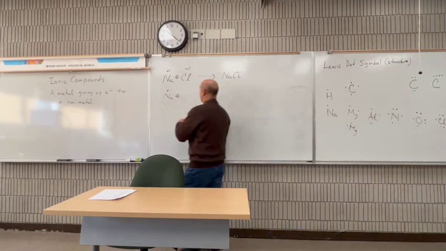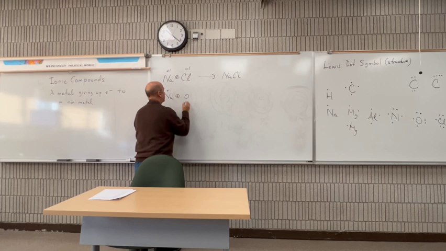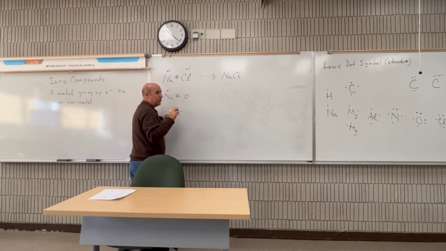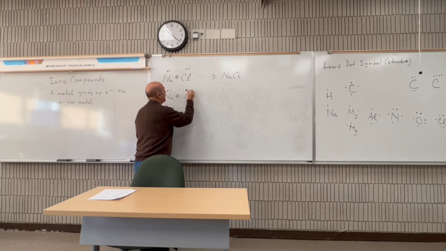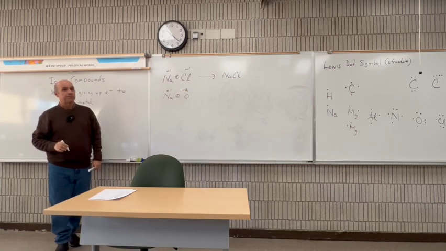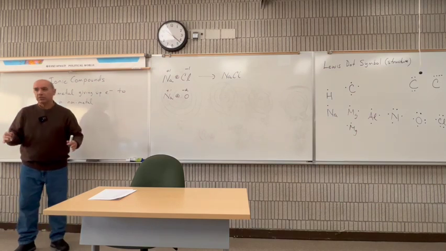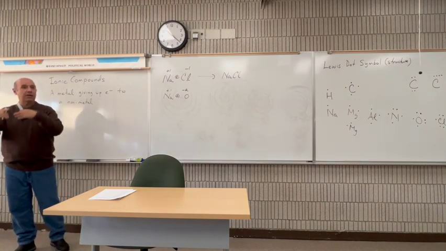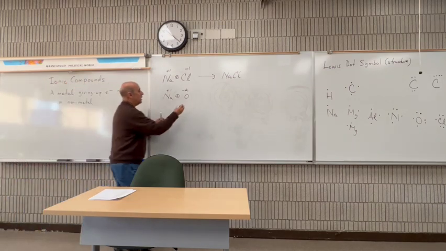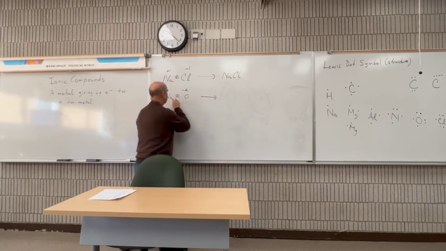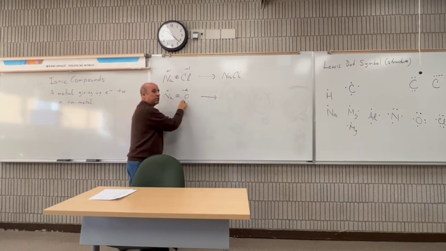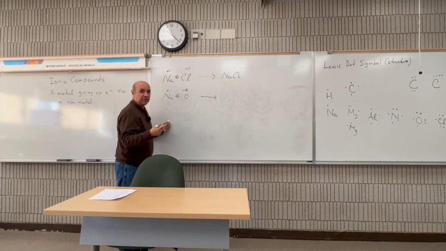So if I add oxygen, and that oxygen happens to have gained 2 electrons, that is going to have a charge of 2 minus, -2. Right? Oxygen gains 2 electrons, -2. Can we predict the formula of that partnership? And the answer is yes.